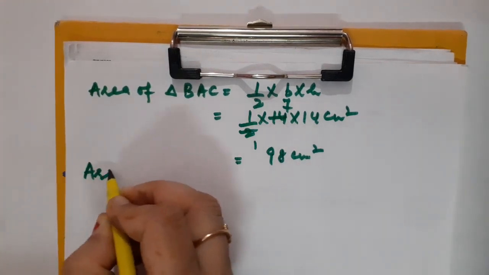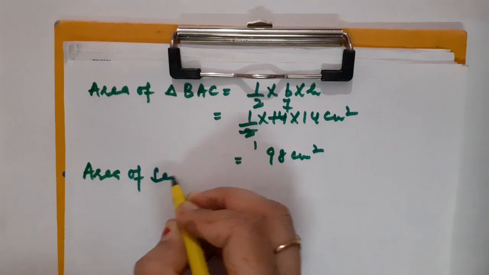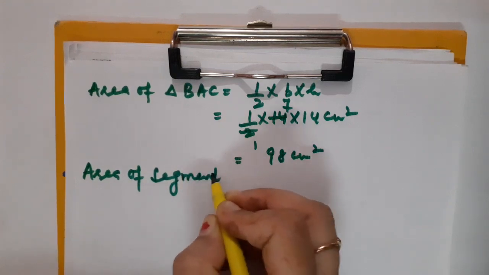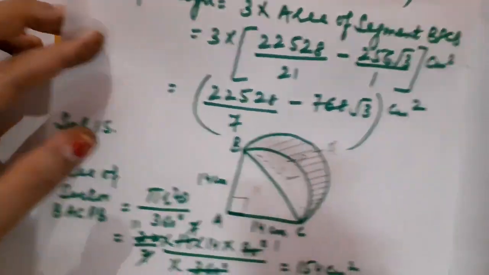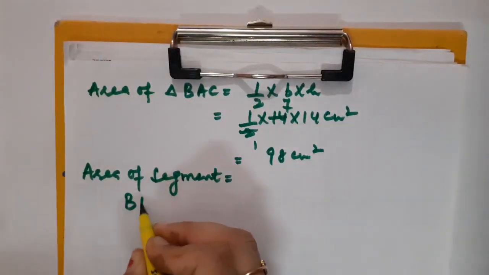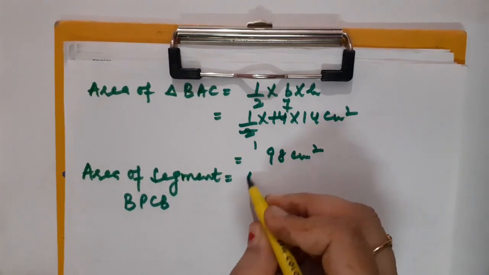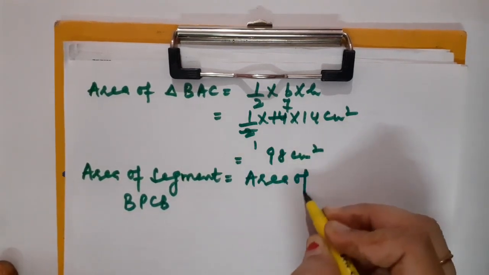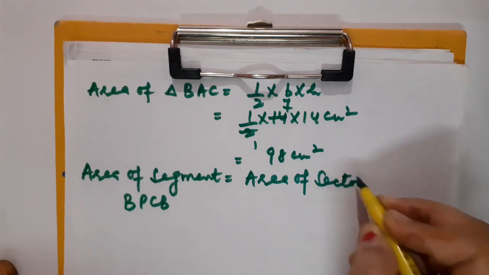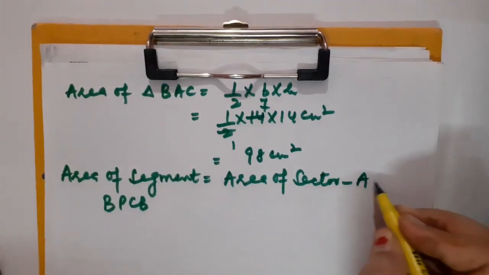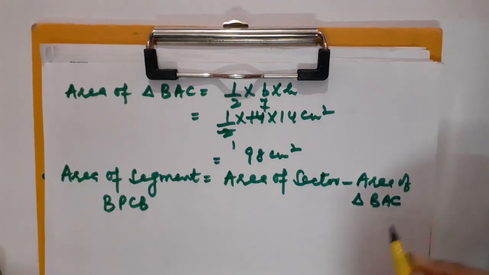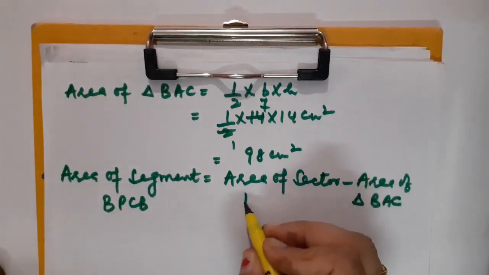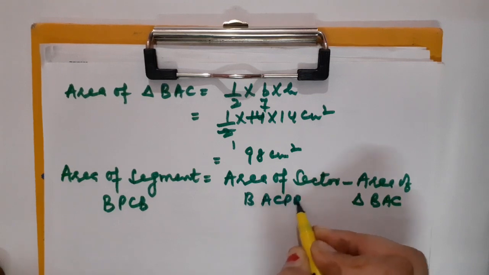So let us calculate the area of the segment now. So what is the name of the segment? Please look at the diagram. That is BPCB. Formula you know, area of sector minus area of triangle. Triangle is BAC and sector is BACPB.